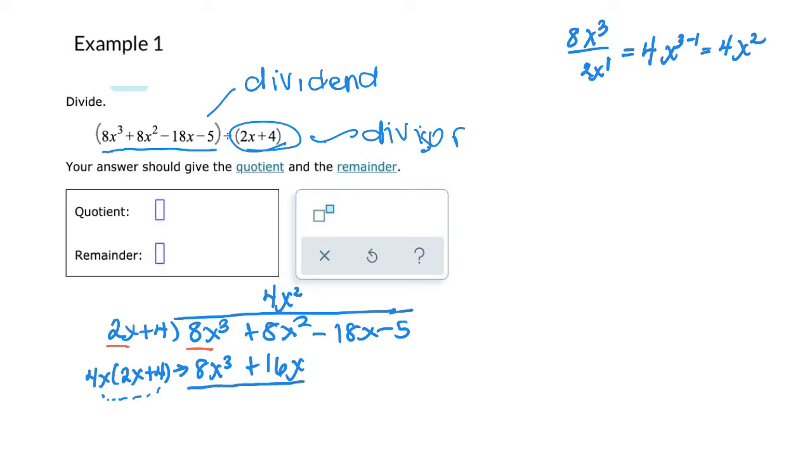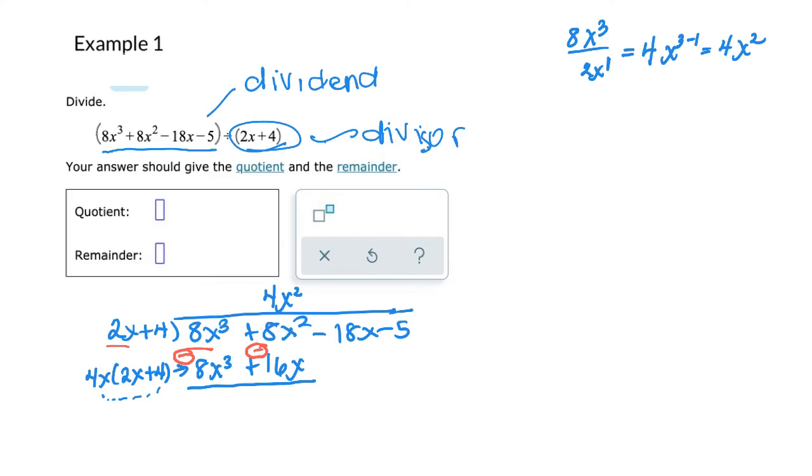And then we're going to subtract. A good way to keep track of subtraction is to change the sign and add. So we're going to take the 8x cubed minus 8x cubed and rewrite that as 8x cubed plus a negative 8x cubed, and rewrite the positive 16x squared as plus a negative 16x squared. It's just another way of subtracting.